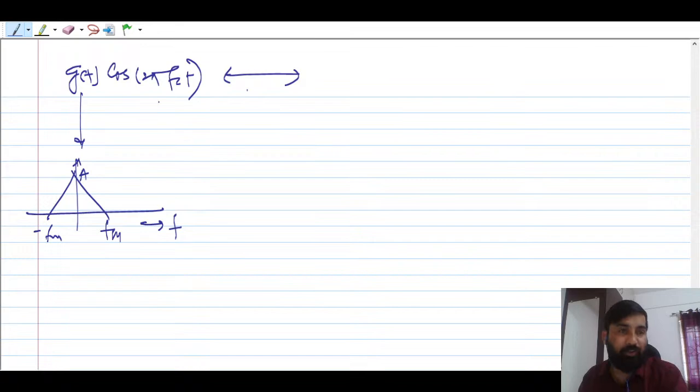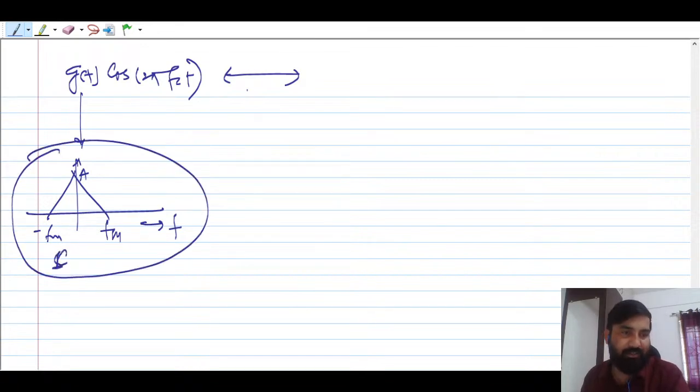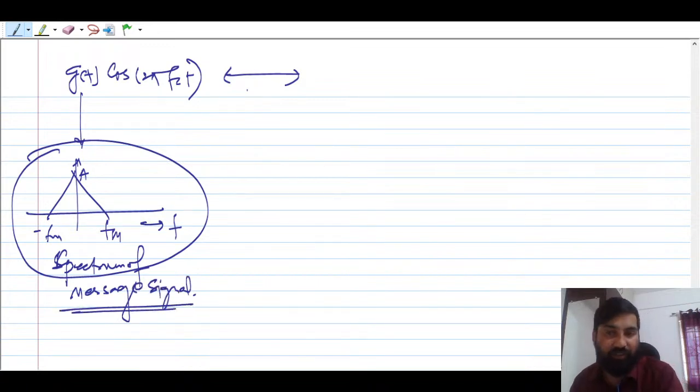This is nothing but the spectrum of the message signal. And remember, your signal is a real valued signal, and this is the baseband frequency spectrum of the message signal.